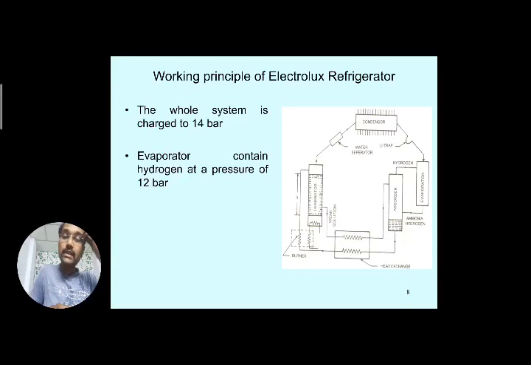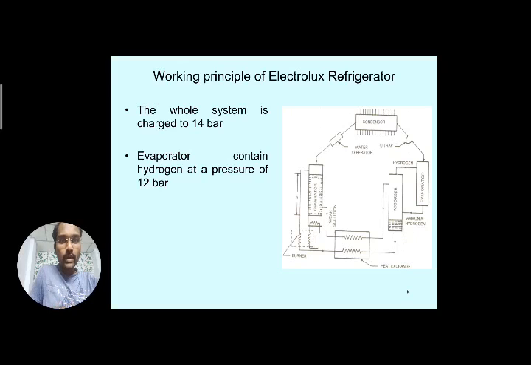A few things have to be discussed here. First, the whole system is charged to 14 bar. Here we are using the principle of Dalton's law of partial pressures. So the whole system is charged to 14 bar.